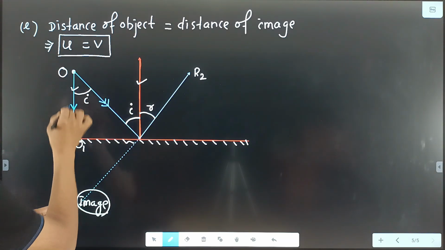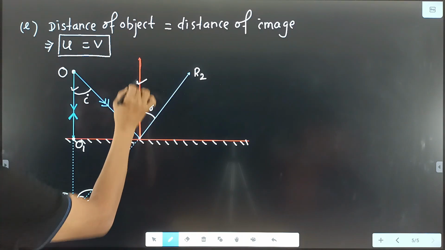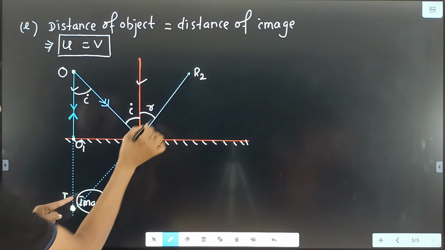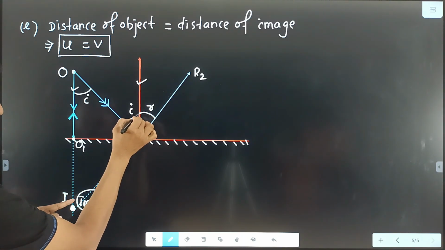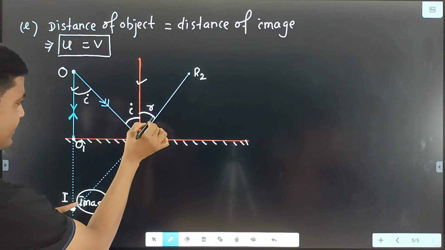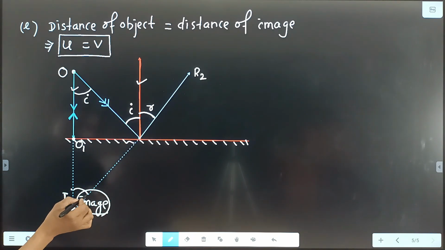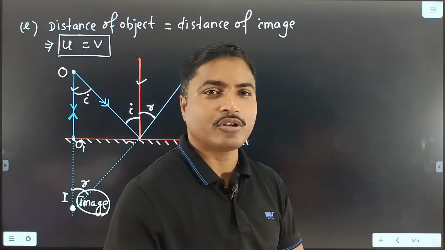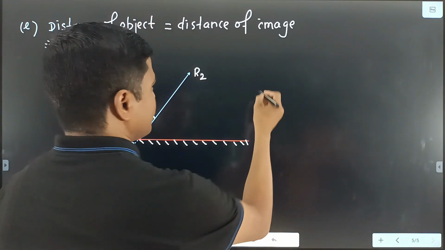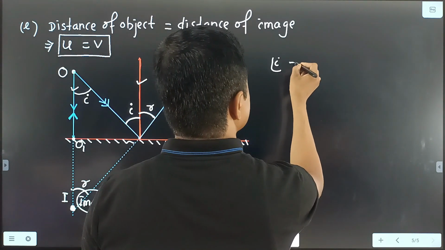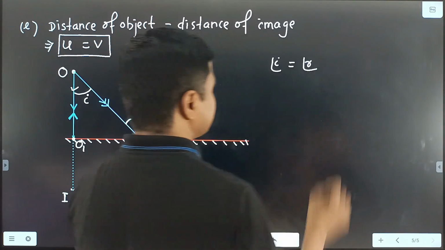This line is parallel to this line, so this line meets this line with angle R. If this angle is R, this angle is also R. And you know, from the laws of reflection, angle of incidence is equal to angle of reflection.